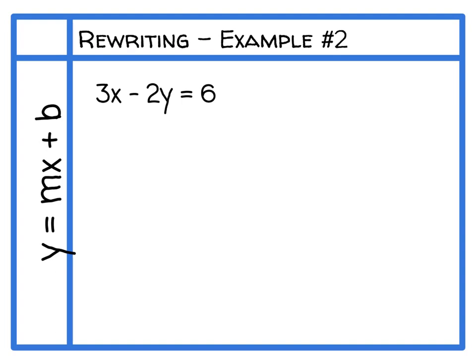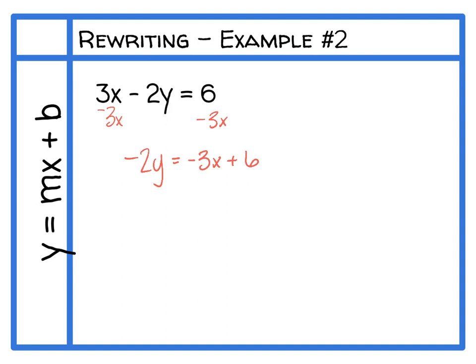Here's another example. This one has a few more steps, but again, our goal is to get y by itself. The first thing I want to do is get rid of the x, so I would like to subtract 3x from both sides. So I have negative 2y is equal to negative 3x plus 6. Now, the y term is isolated, but y is not by itself yet.